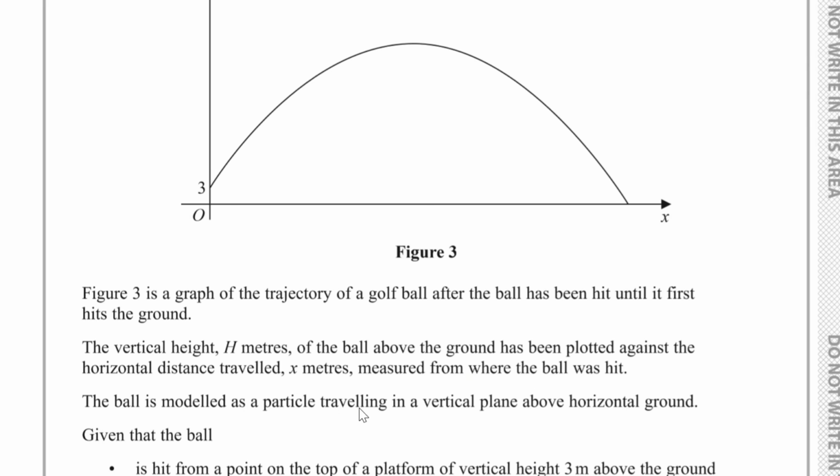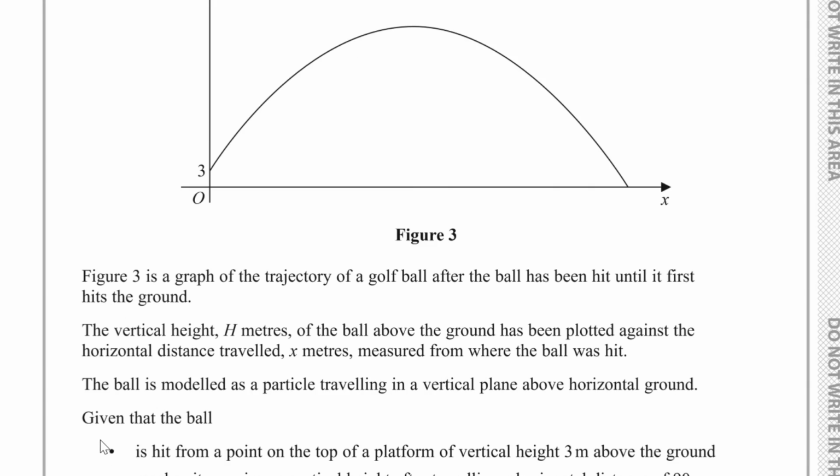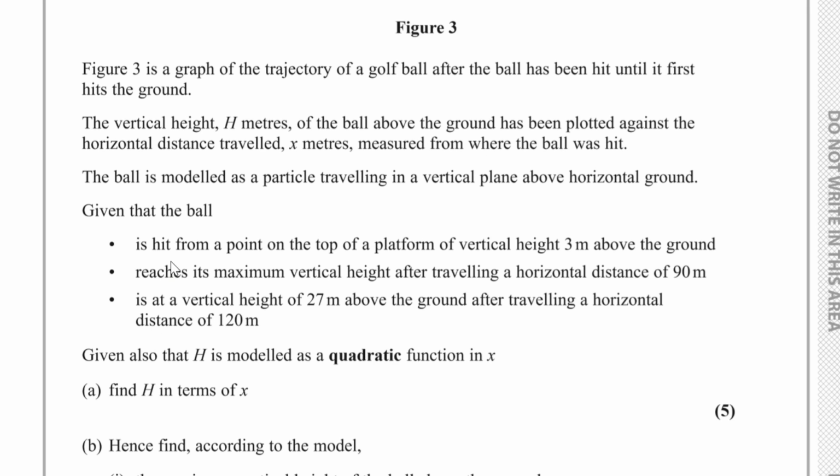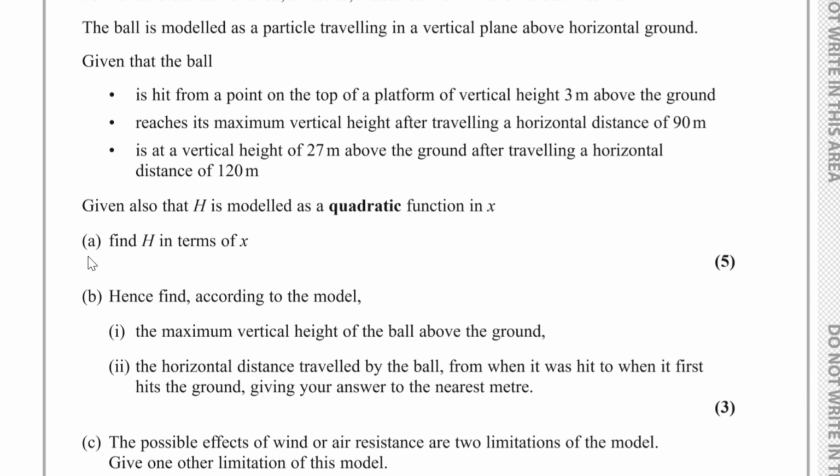The ball is modelled as a particle travelling in a vertical plane above horizontal ground, and given that the ball is hit from a point on the top of a platform of vertical height 3 meters above the ground, reaches its maximum vertical height after travelling a horizontal distance of 90 meters, and is at a vertical height of 27 meters above the ground after travelling a horizontal distance of 120 meters, and given also that h is modelled as a quadratic function in x, for part A we have to find h in terms of x.